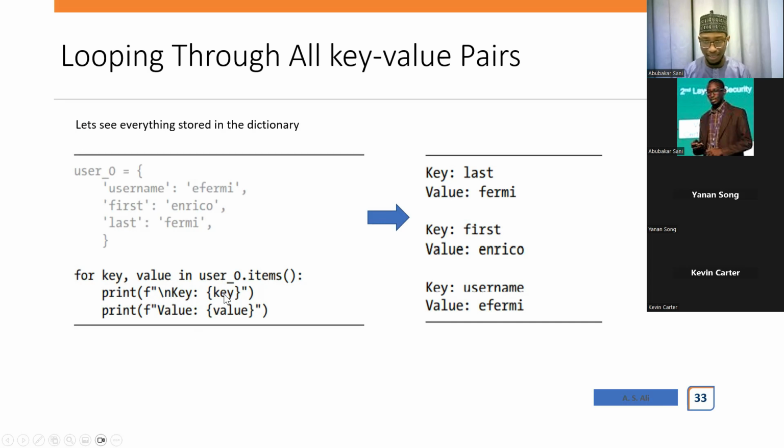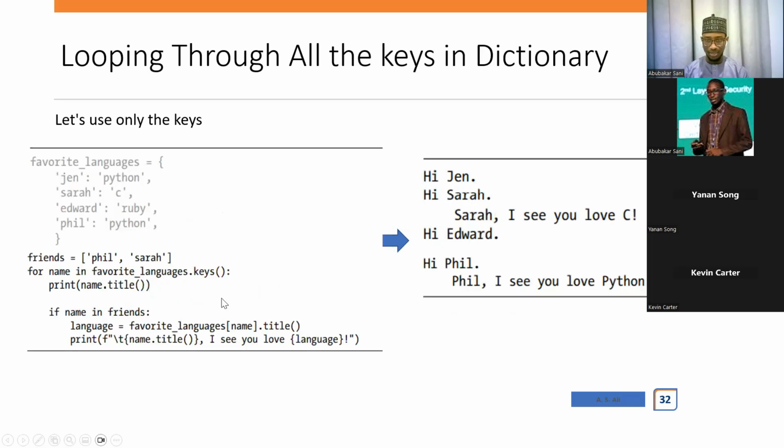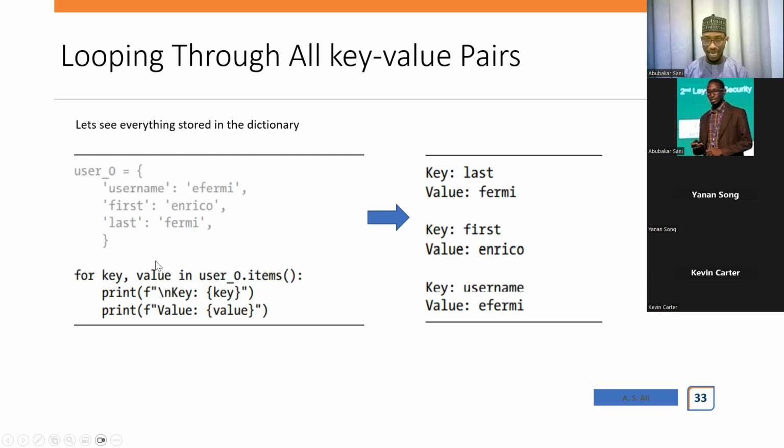So we have key is last, value is Farmi, key is first, value is Enrico, key is username, value is Farmi. So this is the dot items. We have seen dot keys will only work on the keys, dot items will work on returning both the key and the value. It will return both of these two.